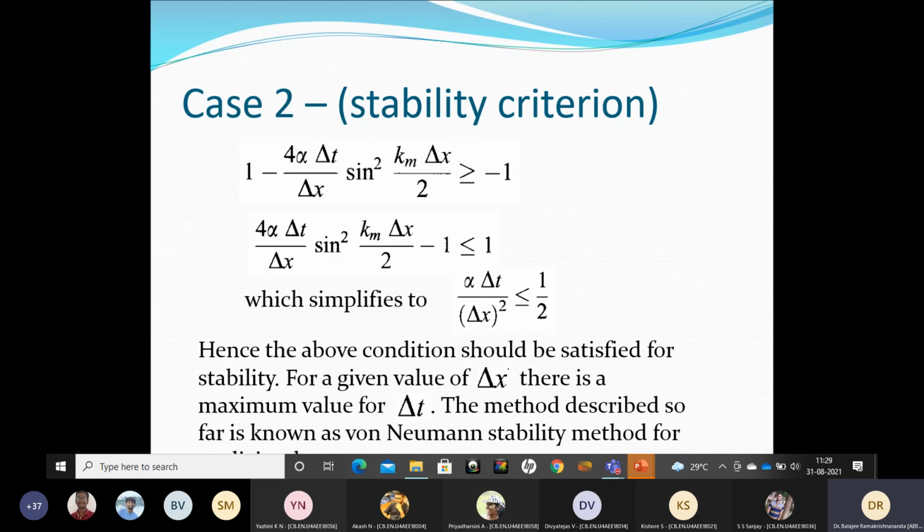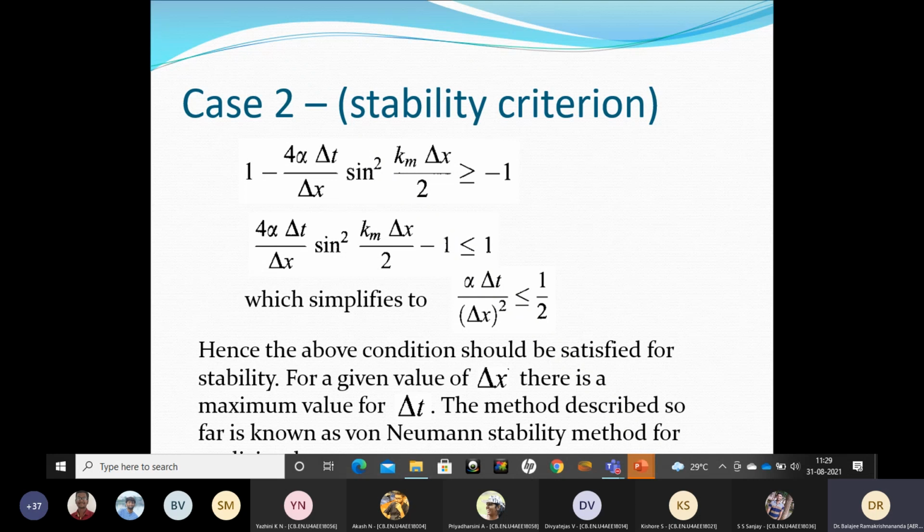This should be satisfied for stability. So delta x and delta t are not independent of each other. For a given value of delta x, there is a maximum value of delta t. If you have a smaller delta x, delta t should be even smaller for stability.